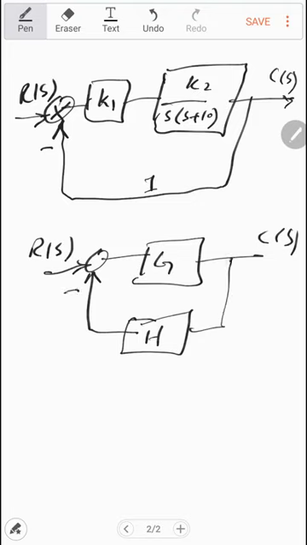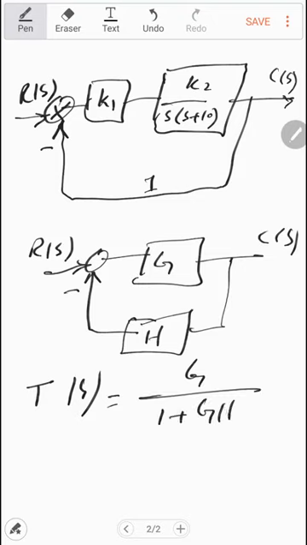We say that this is a negative feedback system. Then the overall control system transfer function, let's say T(S), is equal to G divided by 1 plus GH. We already know the closed loop transfer function. We developed this relationship, so you can watch the earlier sessions of this course to know how we can get this function.